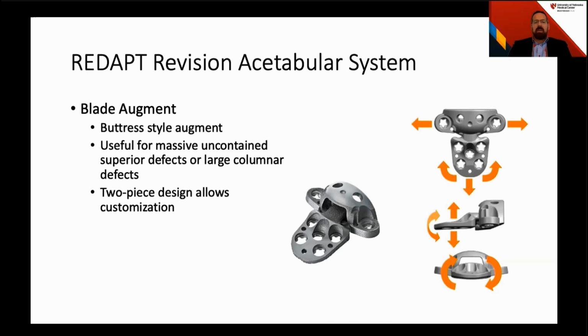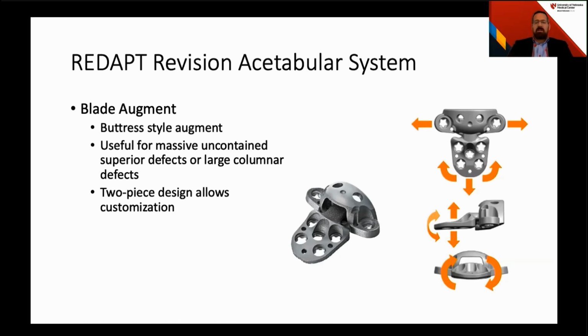And then the last aspect to this augment system is the blade augment, and I think this is just a really well-designed instrument here. It's a buttress style augment, so it's really valuable for those massive uncontained superior defects or large anterior posterior columnar defects. Because it's a 2-piece design, it really allows unlimited customization.